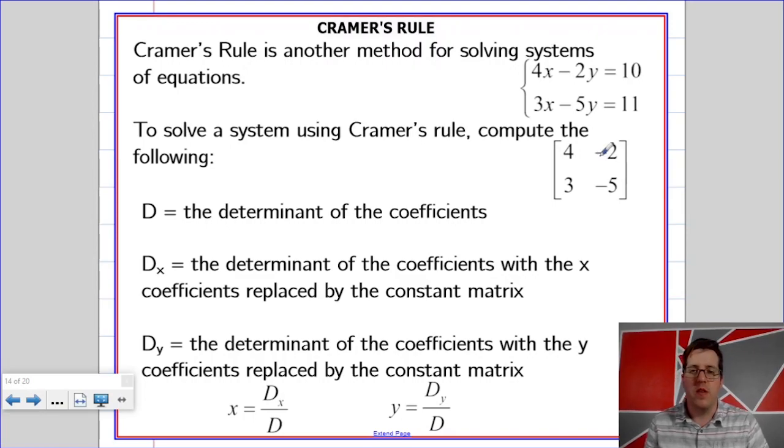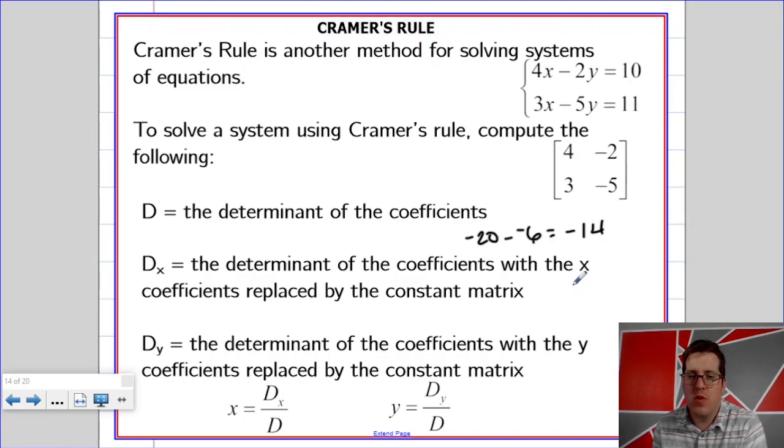1, the determinant of the coefficient matrix. So this would be negative 20 minus negative 6, negative 14. Then the determinant of the coefficients with the x coefficients replaced by the constant matrix.